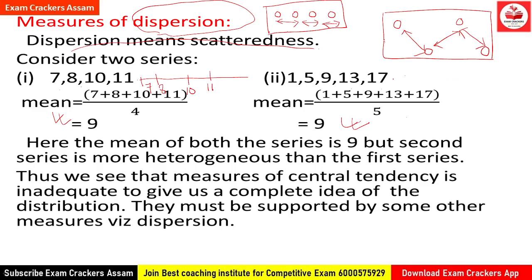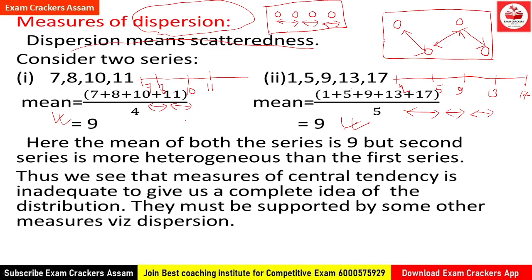And for the other set of data, when we represent it on the real line, say this is my first point 1, next 5 will be a little further, then 9, then a little further 13, then far more away is 17. Now look at the gaps between the data points in the first and second data sets, both are significantly different, right? So though their means are the same, the variation in the two data sets is different.